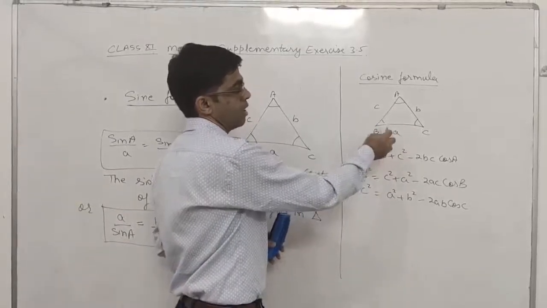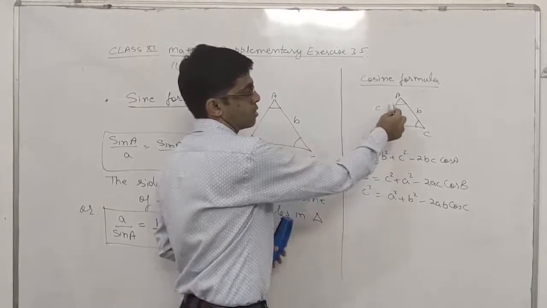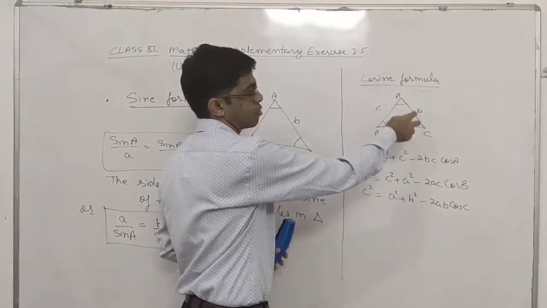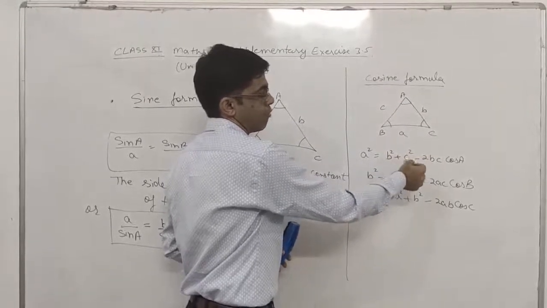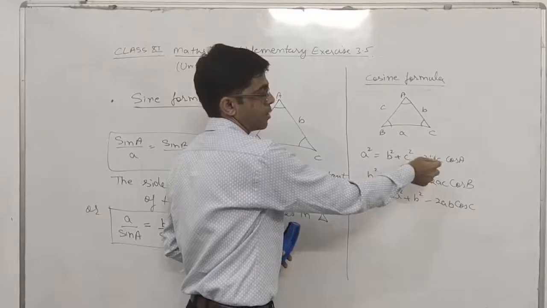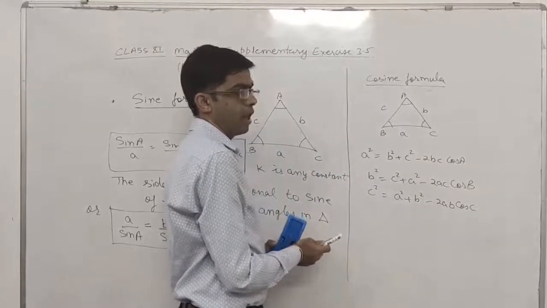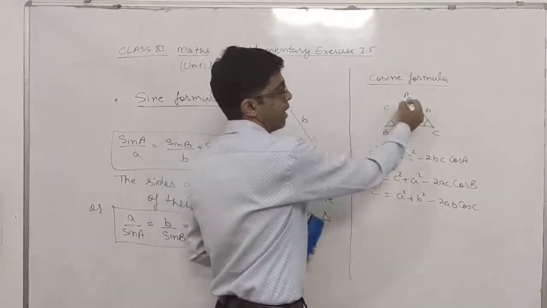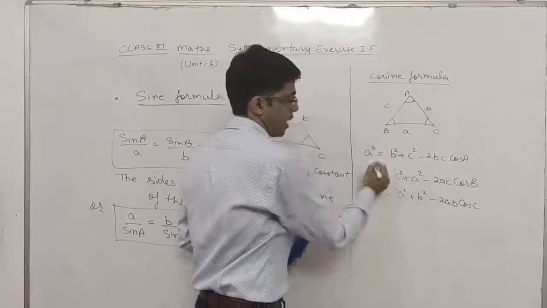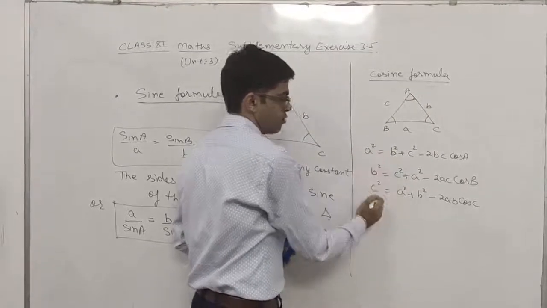Now cosine formula, there is also a relation of sides of a triangle with cos. What is that relation? If we are finding a square, it is equal to the sum of the squares of the other two sides minus twice the multiplication of these two sides, multiplied with the cosine of that very angle A. So we can write these formulas in this form also, like I am doing for the first one.